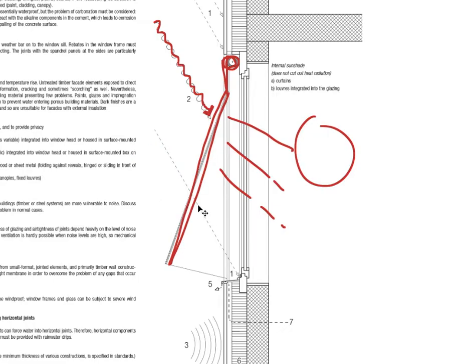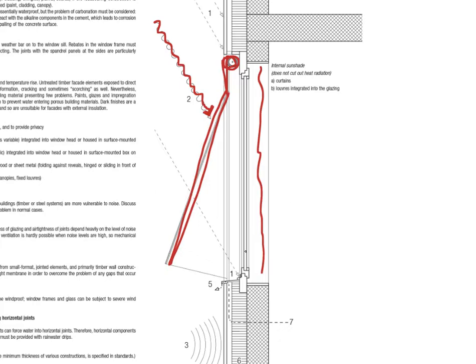The problem with having internal sun protection, such as a curtain or some kind of louvers that are on the inside, is that those heat rays will then penetrate the glass, which is on that layer here, and they are now trapped inside. They can actually bounce on and off in between that curtain and the glass as well.